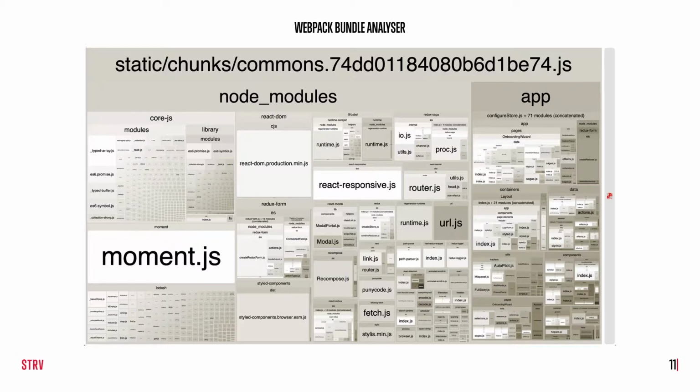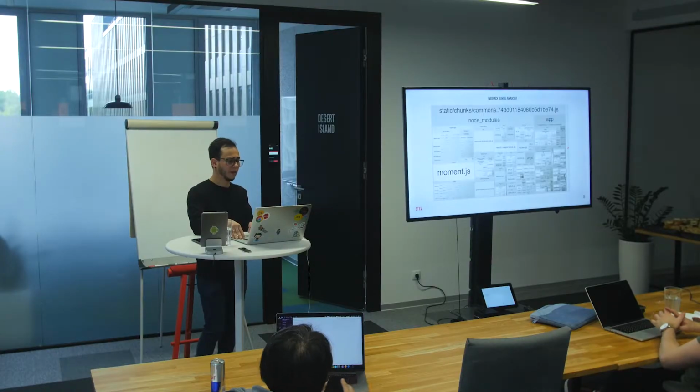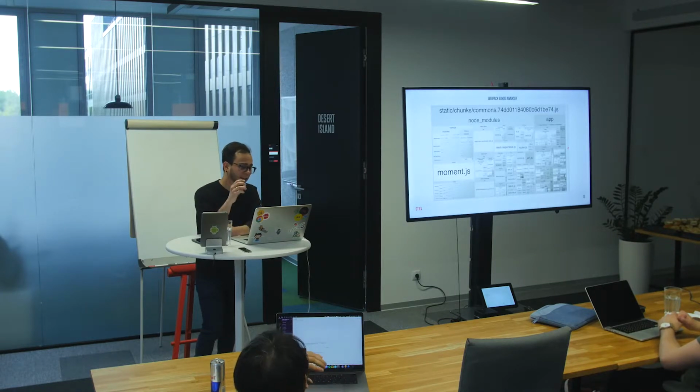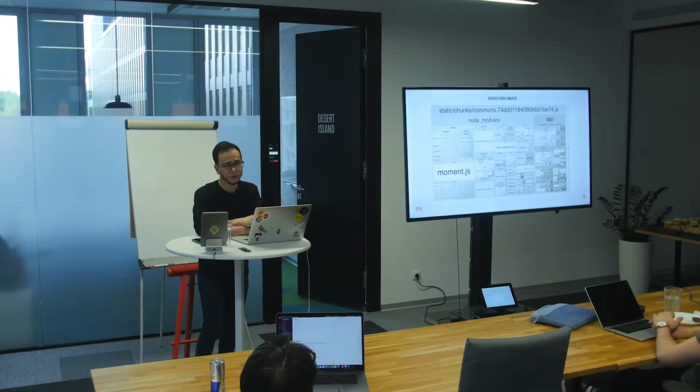Once you set it up on your project, you can see all the dependencies that your project is using, all the JavaScript, the local files that you're using, and it works like this. The bigger the name of the file, the bigger that library is compared to the rest.